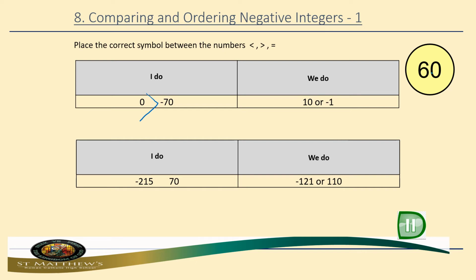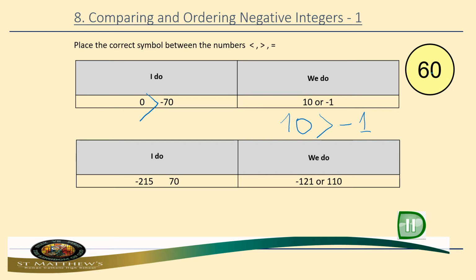Five seconds left. Okay, so now green pen, and put the tick if you've got this right. So 10, which is positive, is greater than -1. Okay, now next question, I'll do for you.